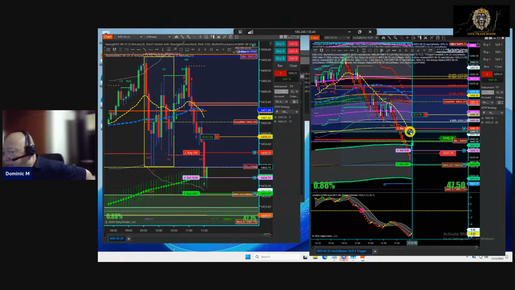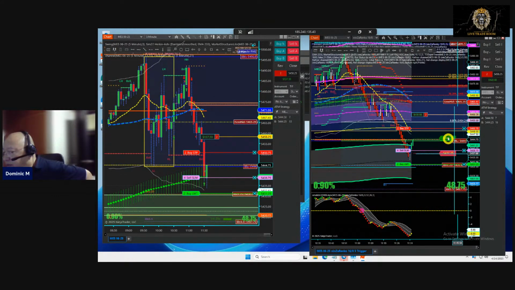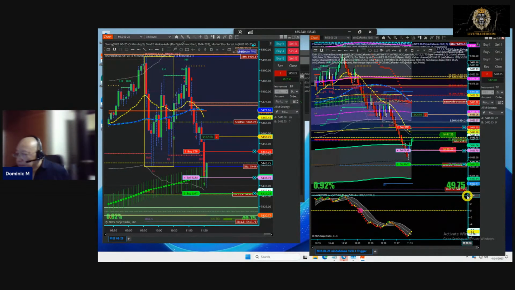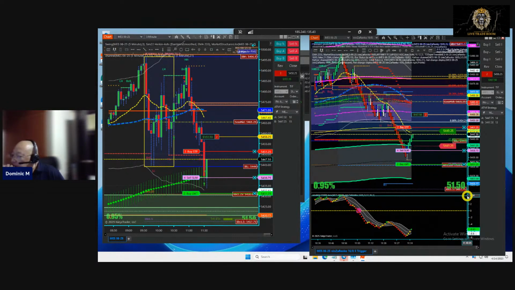So probably going to test this 21 EMA here. I only have two contracts on here. I use two micro contracts. Leave it up there. Okay. Let's see if we can touch that 21 EMA.